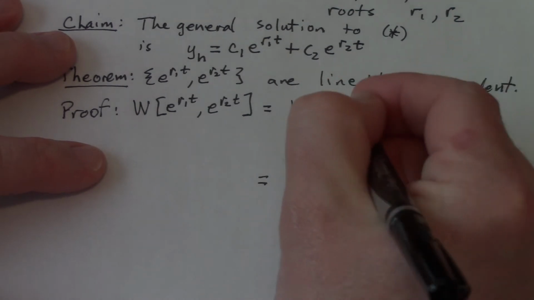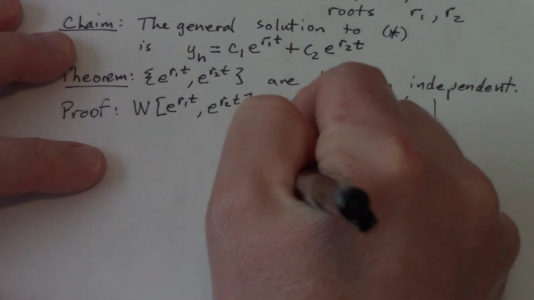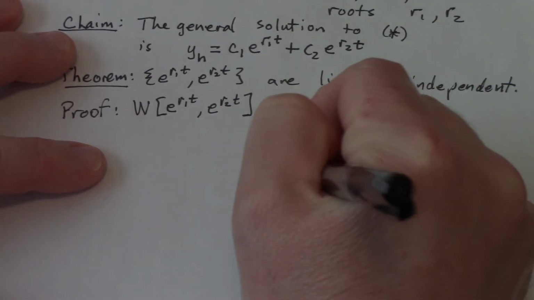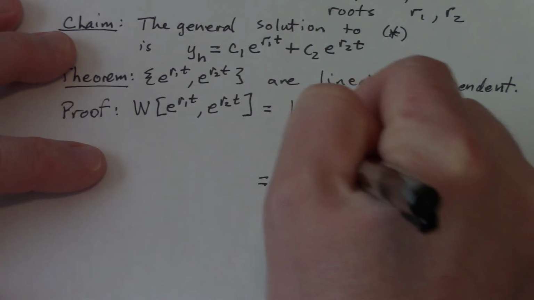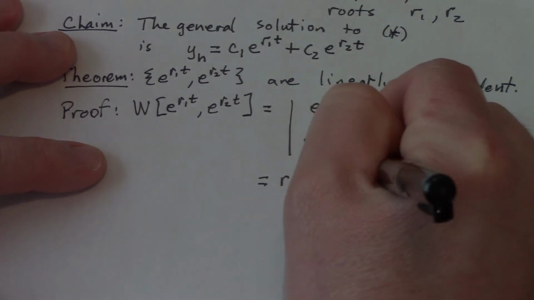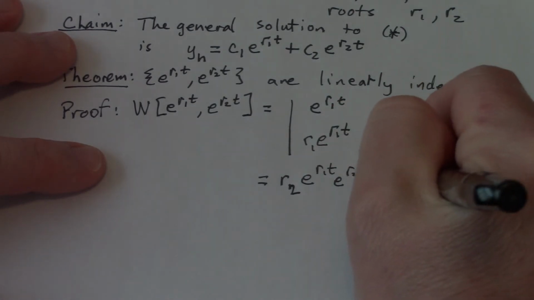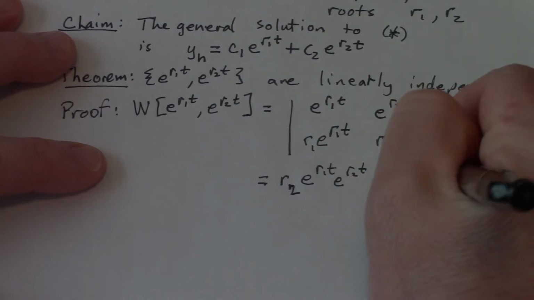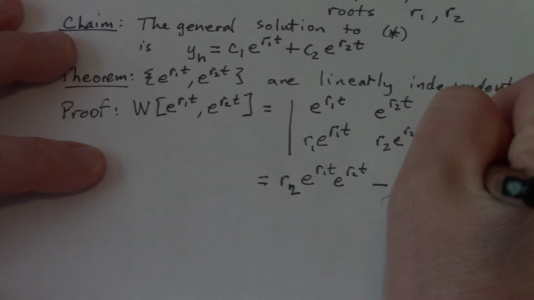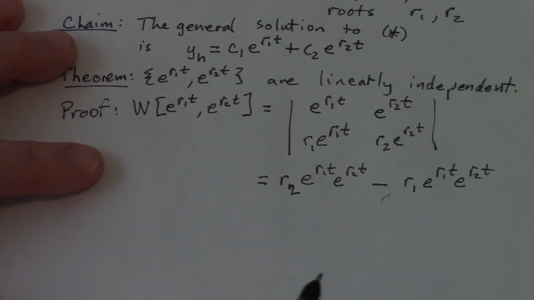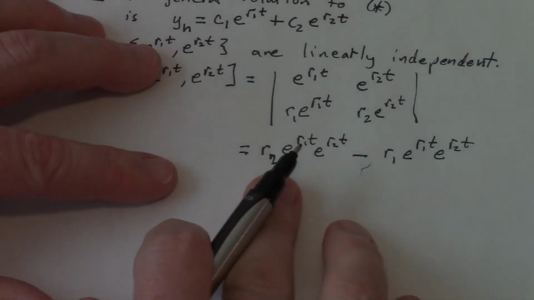All right. So multiply these two guys, and we get r2 e to the r1t e to the r2t minus, and then these two guys, r1 e to the r1t e to the r2t. Alright, now remember our rules of exponents. What do we do when we have the same base?